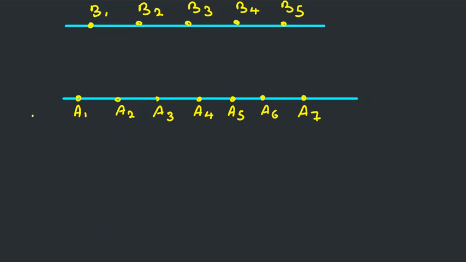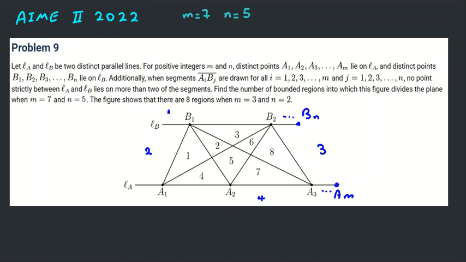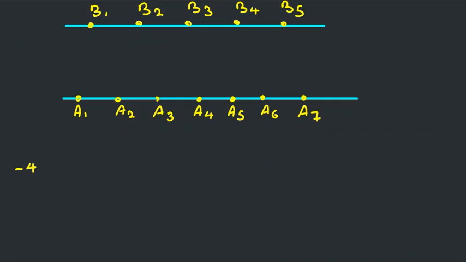Now let's draw one by one. As I said, I calculate all regions and at the end subtract the 4 unbounded regions. First, how many regions are there? 1, 2, 3. Let's draw the first line.